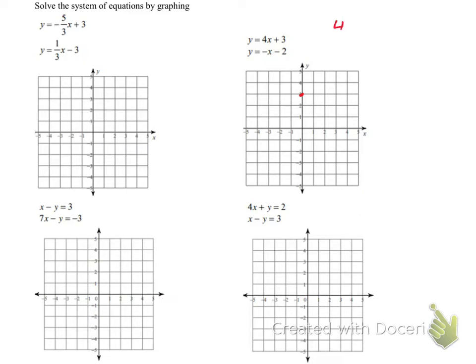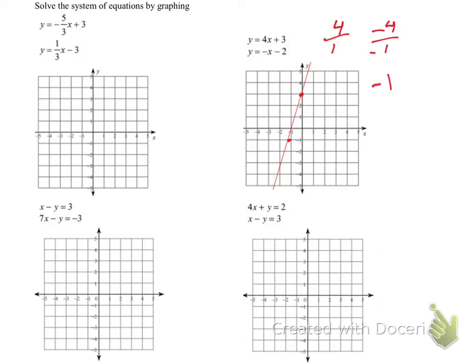So if my slope is 4 over 1, I can do a negative 4 over a negative 1. That's the same thing. So I'm going to go down 1, 2, 3, 4, and I'm going to put 1 right there. Then I'm going to draw a line that goes through both of them. Then I'm also going to do the second one. I know that my slope is a negative 1.